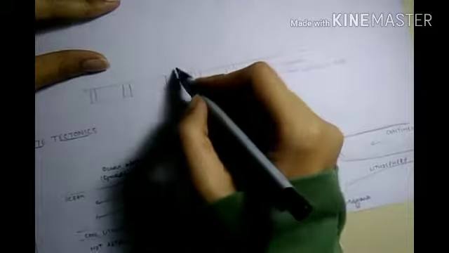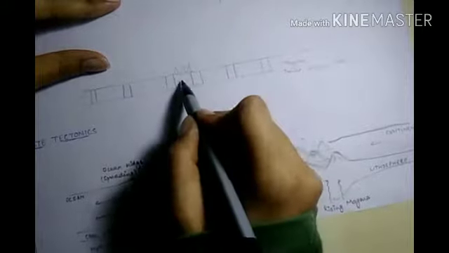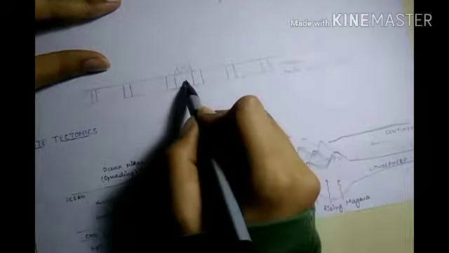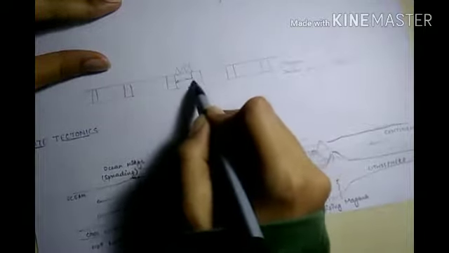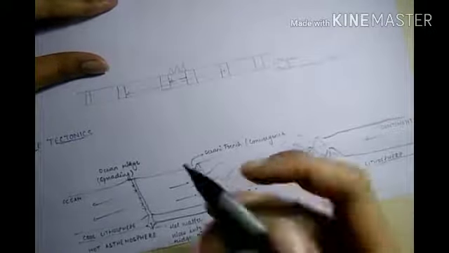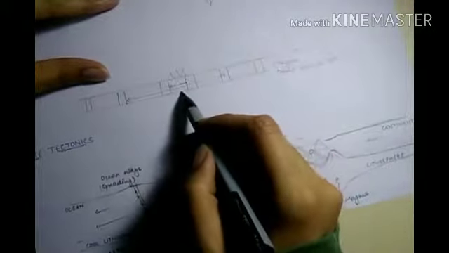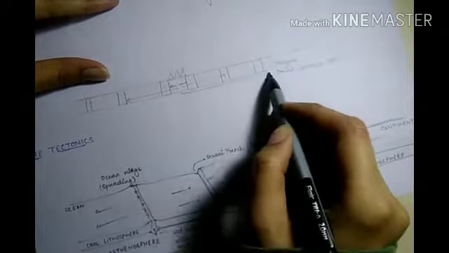Here we have ridges, and here we have bands, and these bands are located at equal length, and they are moving towards the continent.